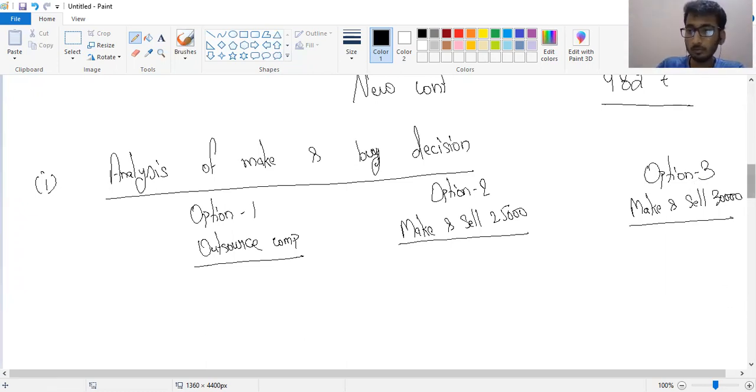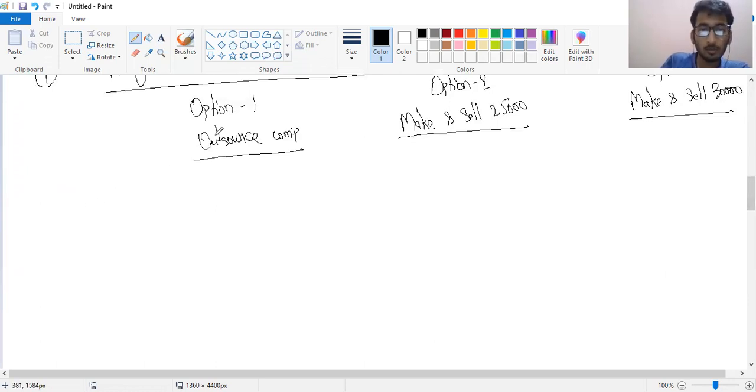Now, if I compare all these three options, just a second. Contribution. Let's write sales first, the complete data which is given to us. Sale price per unit in this case would be 2,500.